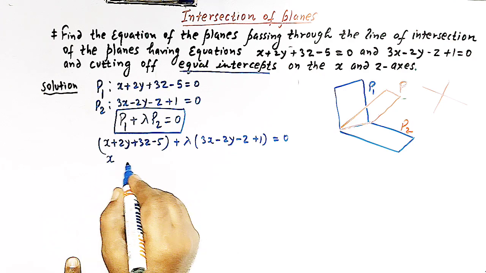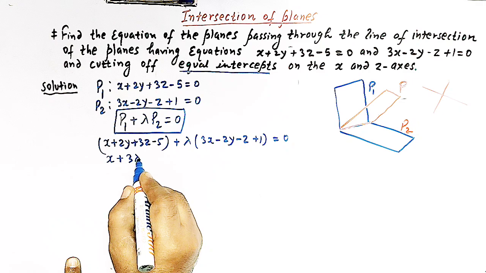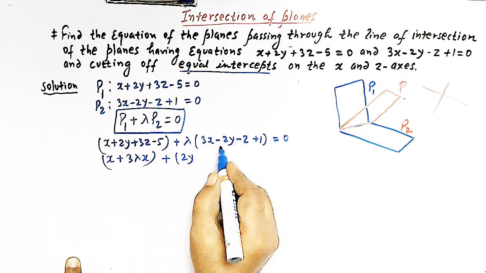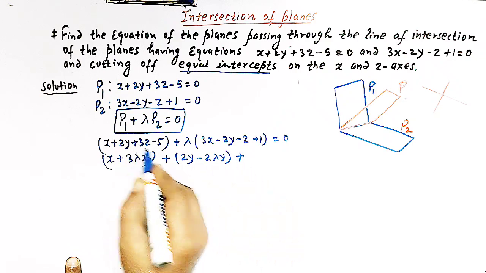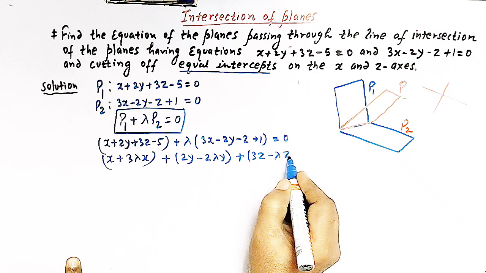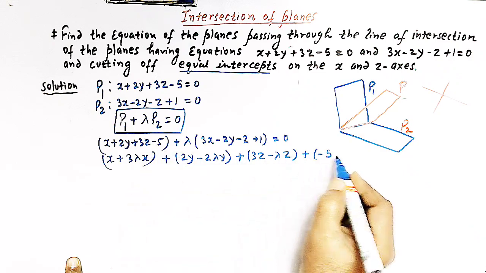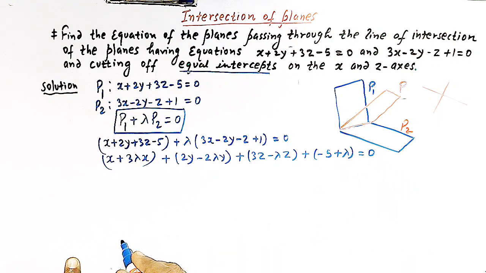We have x + 3λx, then 2y - 2λy, then 3z - λz, and then -5 + λ = 0.